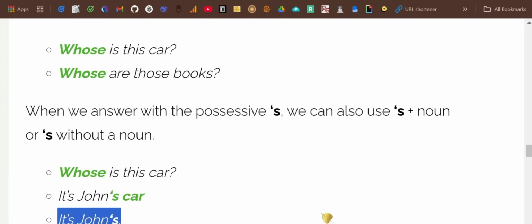We know what we're talking about, so it's John's. Or you can use the pronoun: it's his, it's mine. These are possessive pronouns: it's mine, it's yours, it's his, it's hers. It's my car is already different, but both are okay. If you don't want to repeat car, it's mine.